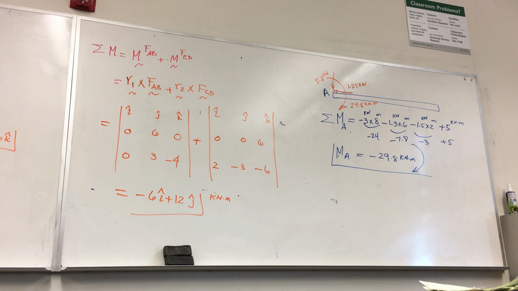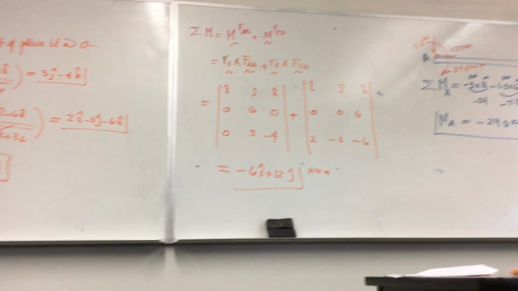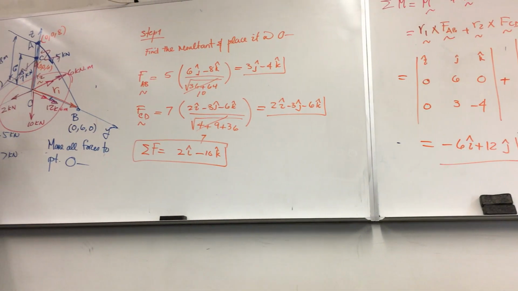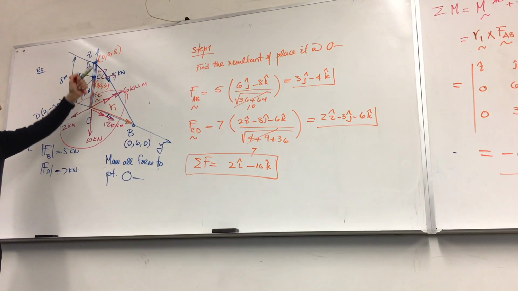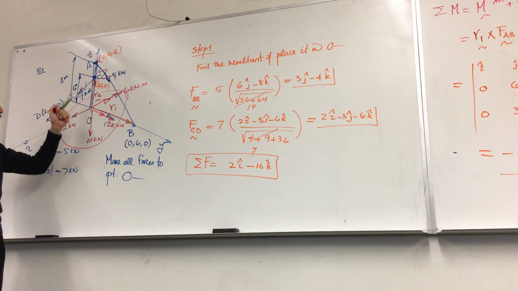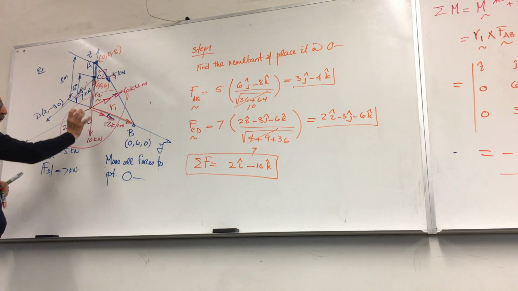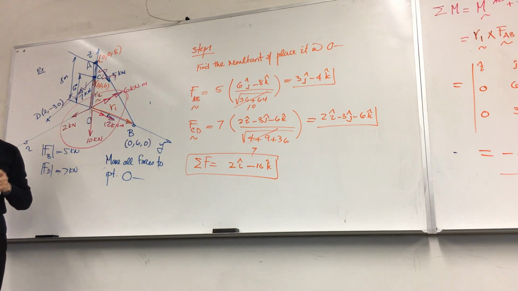So this system, which consists of these forces and moments placed at point O, does exactly the same thing that those two cables attached to this pole would do. We can remove them, put a force here, put this moment here, the structure will stay the same.